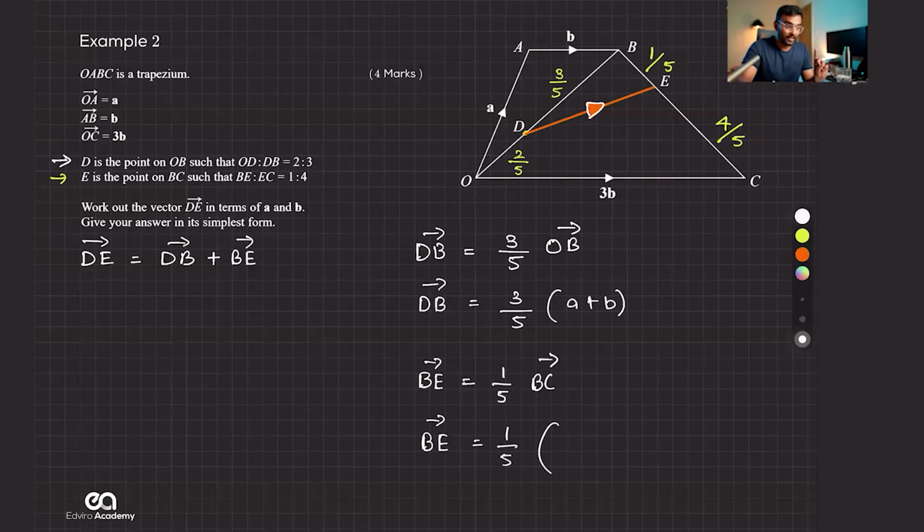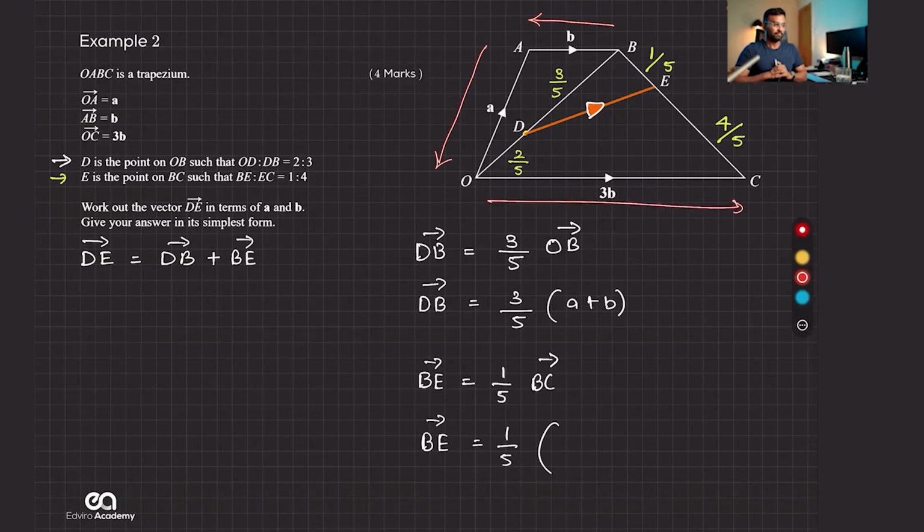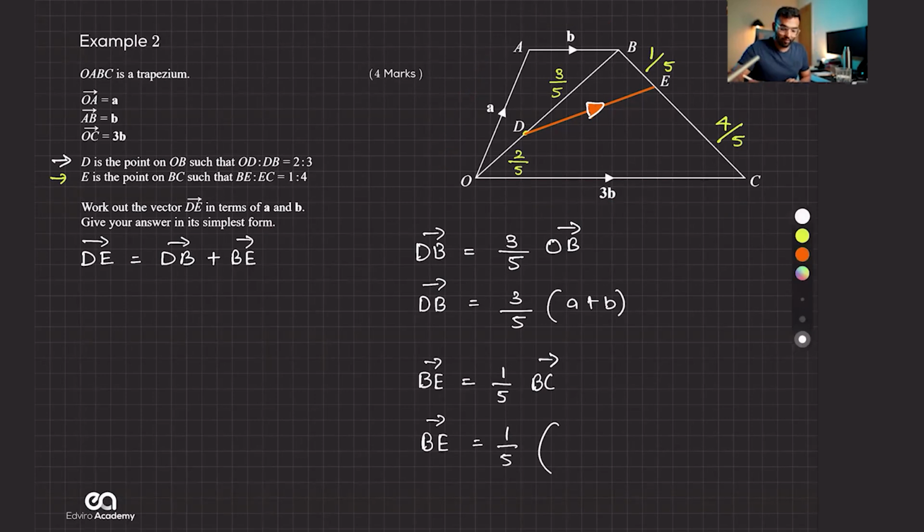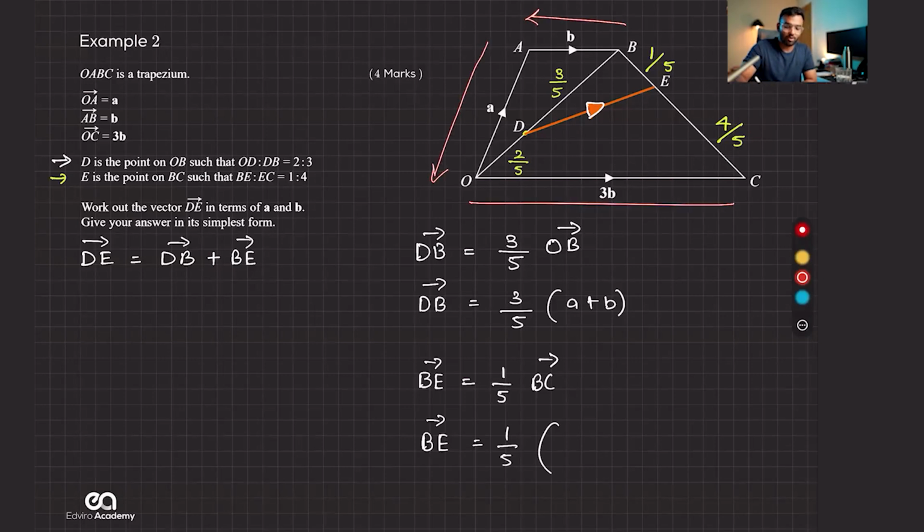BC is minus B minus A plus 3B. Raghav, Afaq, watch out. Minus B. Would you all agree with that? Why is it minus? Because we are writing B to C. We're starting from B, going to A, to O, O to C.